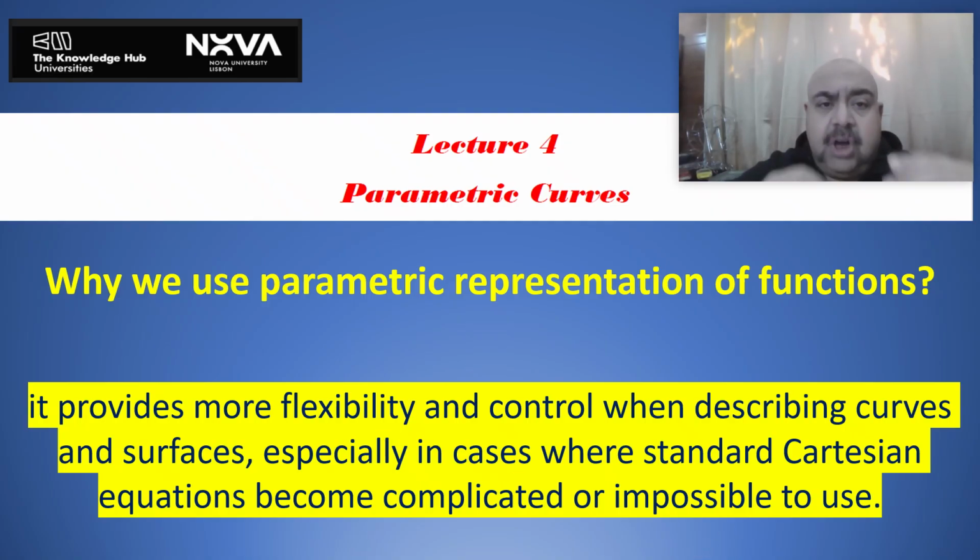So just imagine, instead of dealing with x and y, you are dealing with one variable, which is t. Instead of dealing with x, y, and z, you are working with just one parameter, which is t, as you can see. So this is really very important.